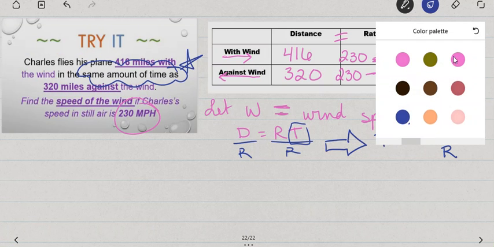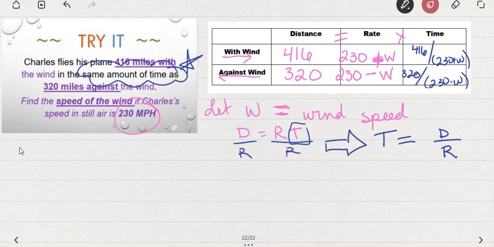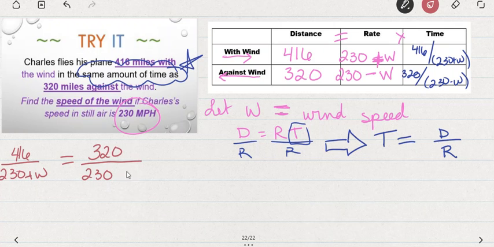So let's set up our equation. 416 over 230 plus W is equivalent to 320 over 230 minus W. Now I have a proportion, which is a special type of rational equation where we have two fractions equal to each other.